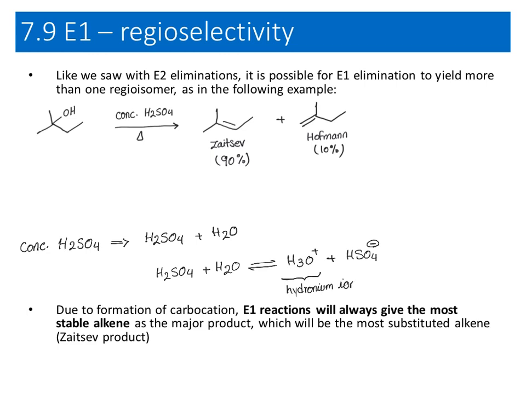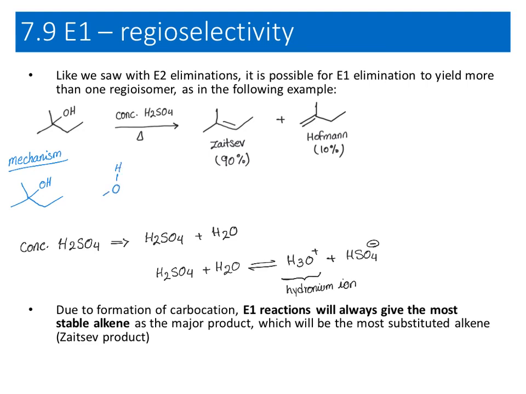Okay. Now let's look at the mechanism for this reaction. So previously we talked about that this substrate is an alcohol, and one of the ways to convert the OH to the good leaving group is use of the acidic condition, and the acid that we are using here is hydronium ion.